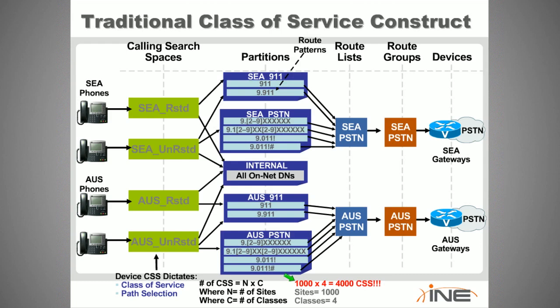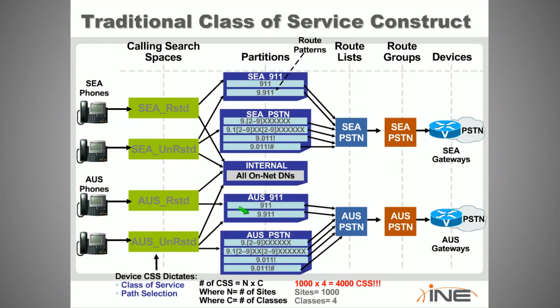But let's just say, for the sake of example and understanding the magnitude, that we have 1,000 sites and 4 classes of restriction, which is pretty common. If n times c, so number of sites is 1,000 times 4, that's 4,000 calling search spaces we have to configure, 4,000 partitions, and for every type of route pattern, we have to configure 1,000 of those types of route patterns.